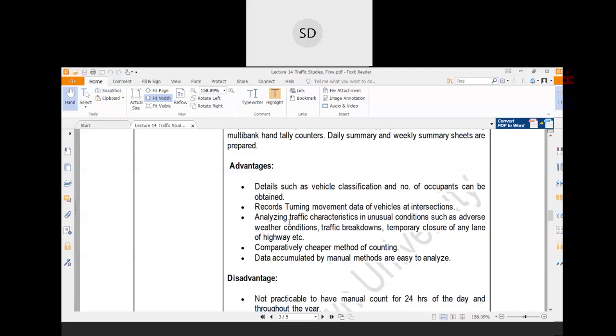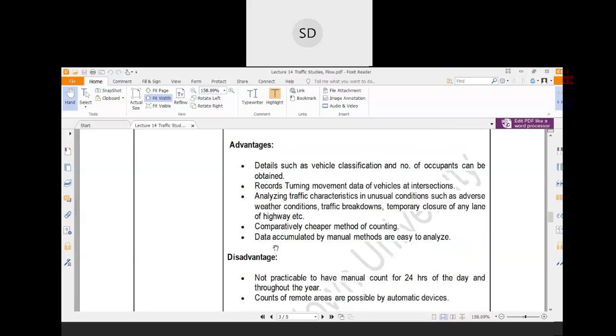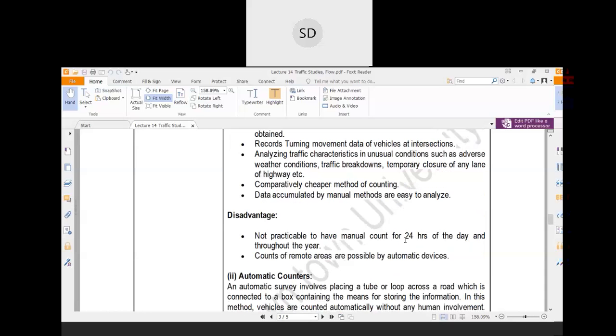Then you can analyze traffic characteristics in unusual conditions such as adverse weather conditions, traffic breakdowns, temporary closure of any highway portion, etc. And as it's the manual method, comparatively it is cheaper, and data accumulated by manual methods are easy to analyze. They are ready to use data and you can easily handle them.